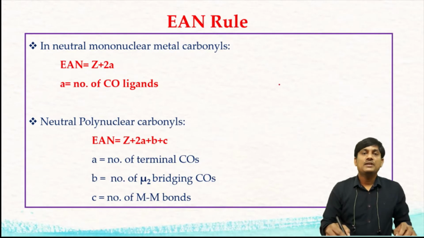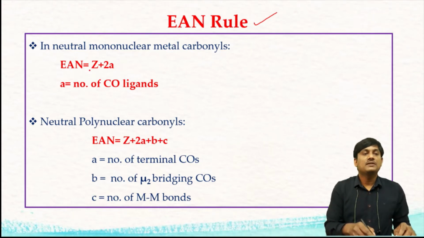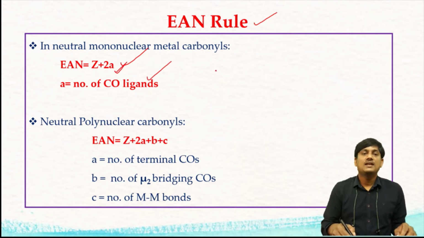Let us apply the effective atomic number rule to metal carbonyls. For neutral mononuclear metal carbonyls, the effective atomic number can be simplified as Z plus 2A. Here Z is the atomic number of the metal atom and A is the number of CO ligands. These are terminal ligands.